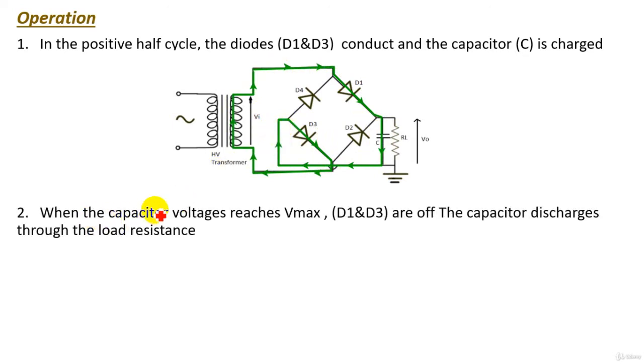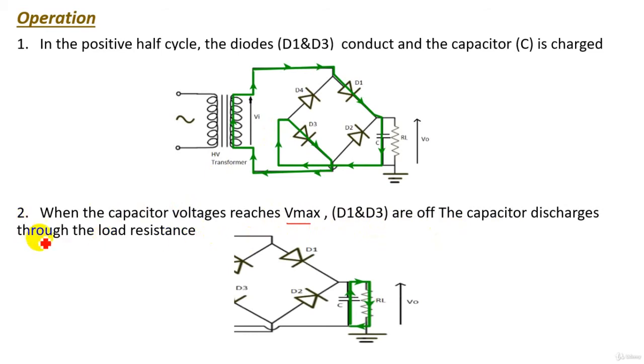After that, when the capacitor reaches the maximum voltage V maximum, D1 and D3 are off now. So D1 and D3 can be considered as open switches or open circuit, and the capacitor discharges through the load resistance like that.